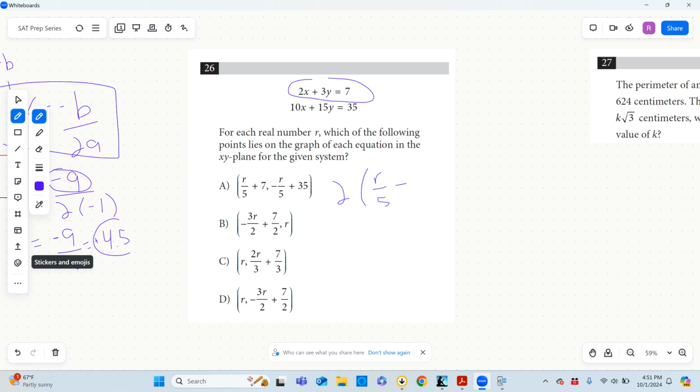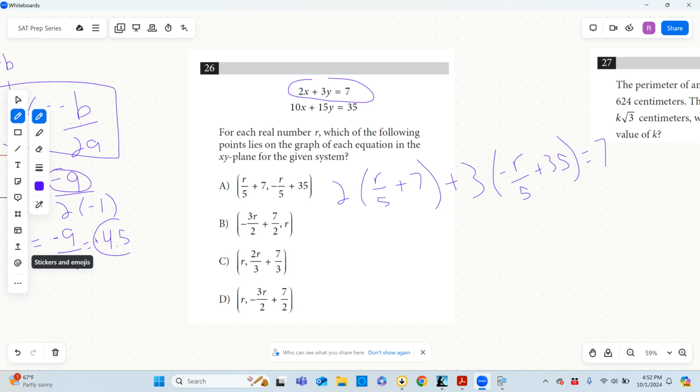r divided by 5 plus 7 plus 3 times y. Now what is y? It's negative r divided by 5 plus 35. And that should equal 7. So let's see if it does.